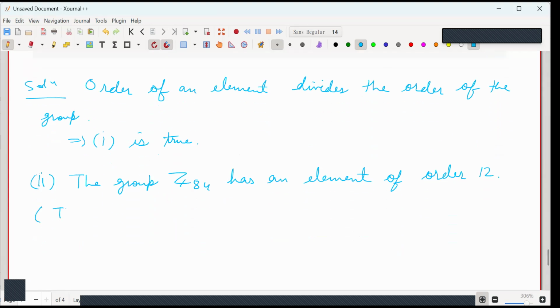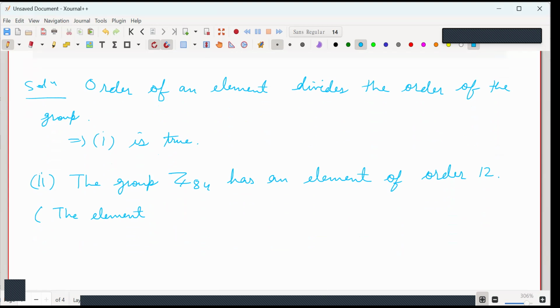The element 12 bar generates a group, but 12 bar has order 7.